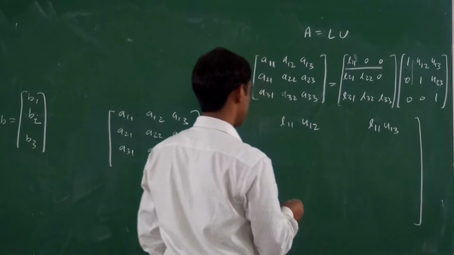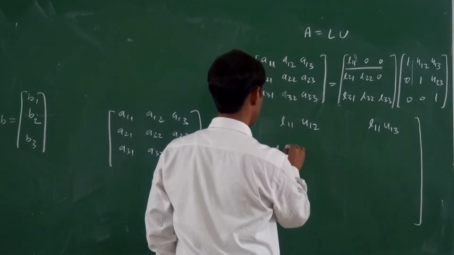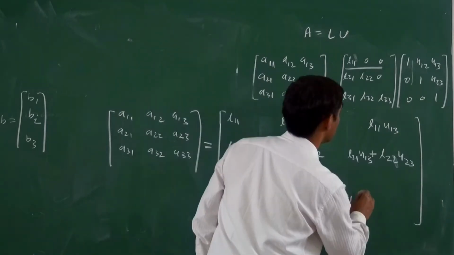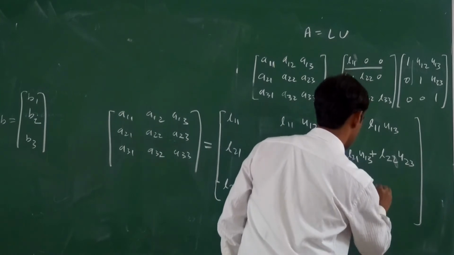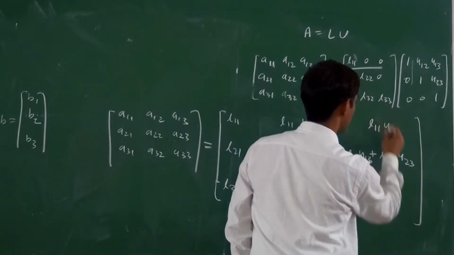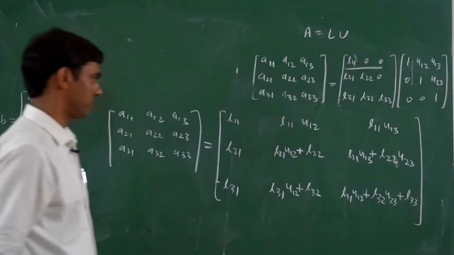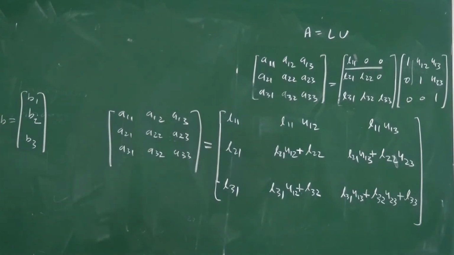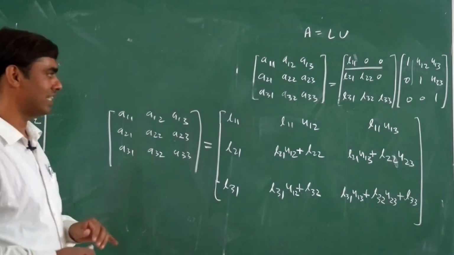Second row, second column becomes L21 U12 plus L22, and so on, with terms such as L31 U13 plus L32 U23 plus L33. This is equivalent to matrix A.